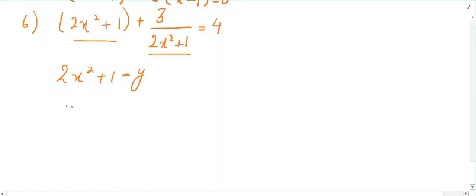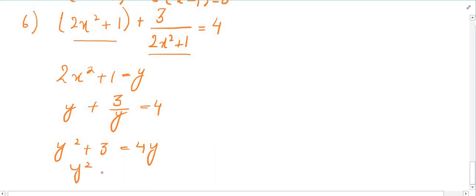We get y plus 3 by y equals 4, which is y squared plus 3 equals 4y. So y squared minus 4y plus 3 equals 0. This is the quadratic equation. Just make the roots. There is a 3 and 1, minus 3 and minus 1.